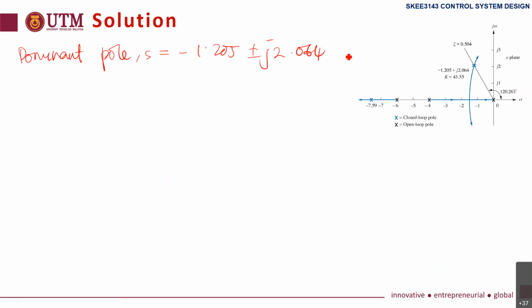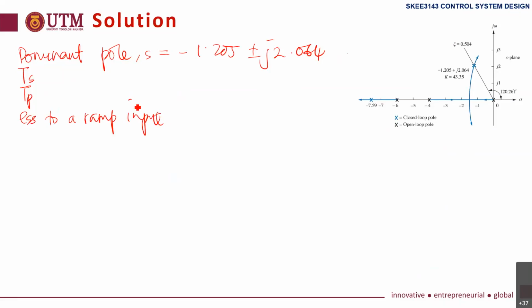Now we want to analyze the original system. I want you to find TS, the settling time. Remember, we have to design based on the original settling time. We want the peak time, and we want you to find the error to a ramp input.